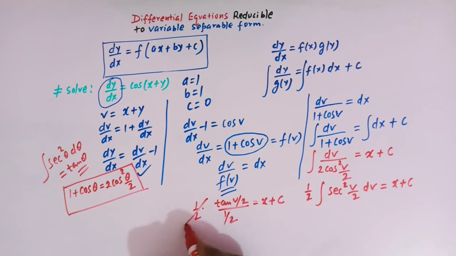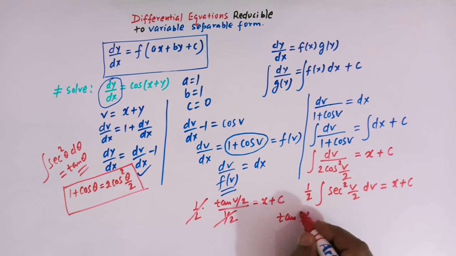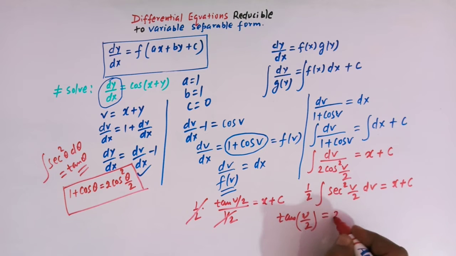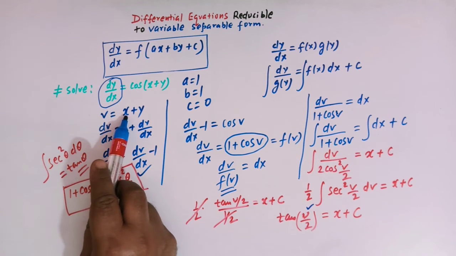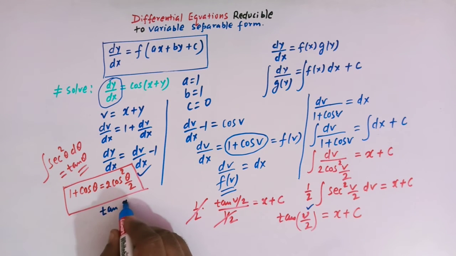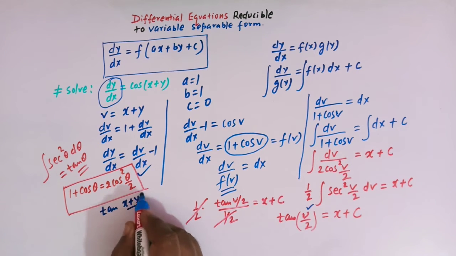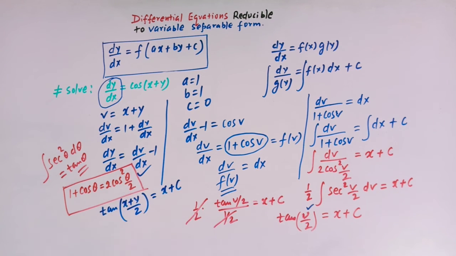Now this half and this half get cancelled, so we are left with tan v over 2 equal to x plus c. Now for this v, we can write x plus y. So we have tan of x plus y over 2 is equal to x plus c.